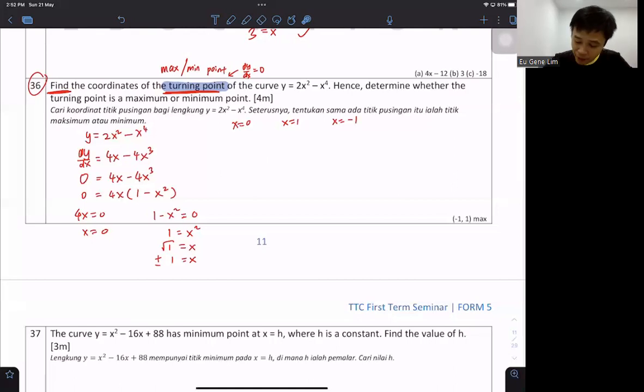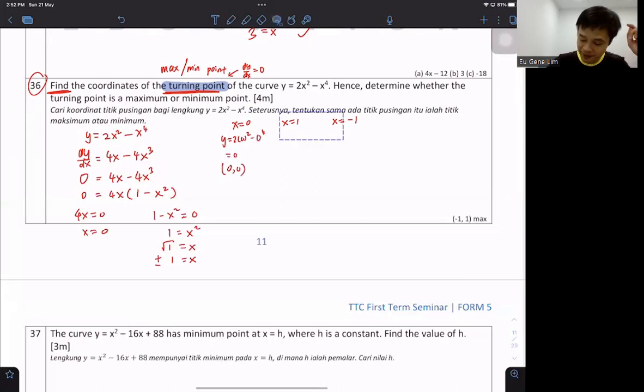When x equals 0, you sub into the equation to find the coordinate of the turning point. If x equals 0, y equals 2 times 0 squared minus 0 power 4, which is 0. So the turning point is (0, 0).